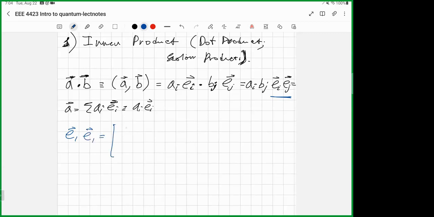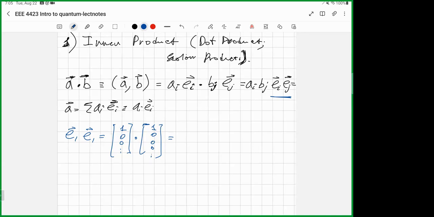And in components, it will be 1, 0, 0, all the way down. And another one is 1, 0, 0, 0, all the way down. When we take the product of these two, we have to take the product component by component.